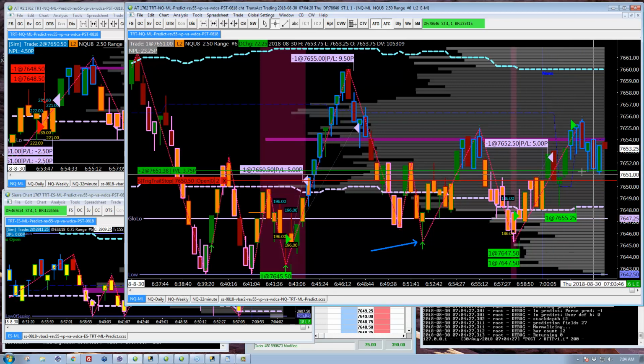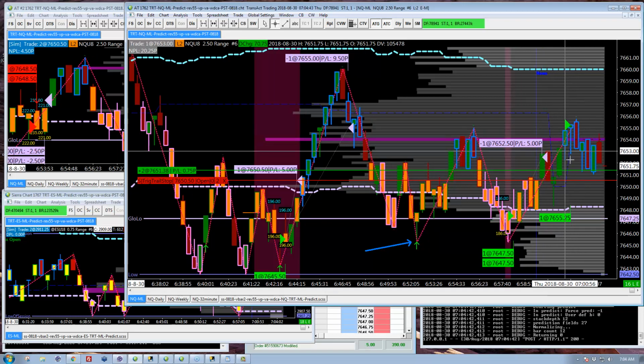Might work out okay for me in this case, but the idea is that when you do an add, you never take a loss. You're using the profit from the contract you have to fund that add. And I'm expecting to see this stop order sitting at 61.50, but for some reason it's not.